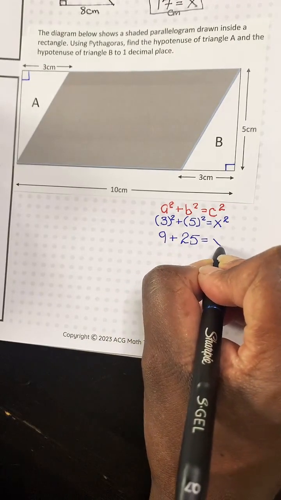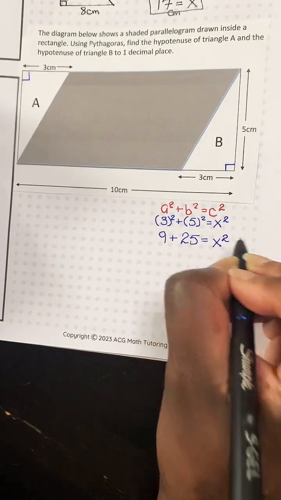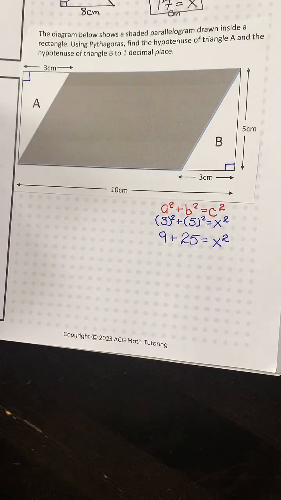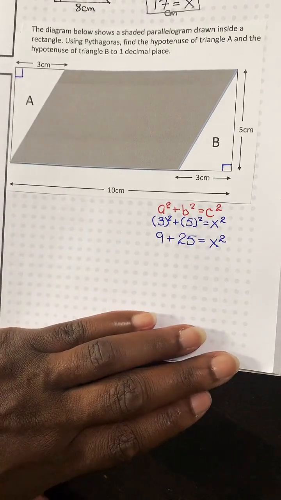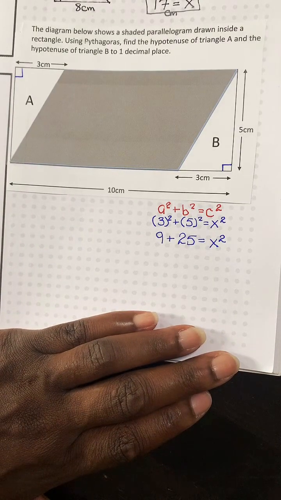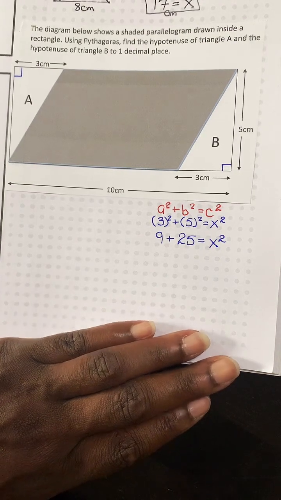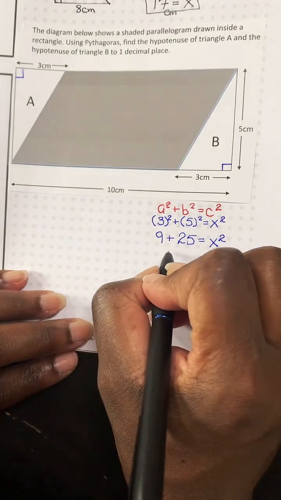And it's going to equal my x squared. Are we good with that? It's not 6 and 10. It's going to be 9 and 25. So all we have to do is add up the 9 and 25, and we get 34.